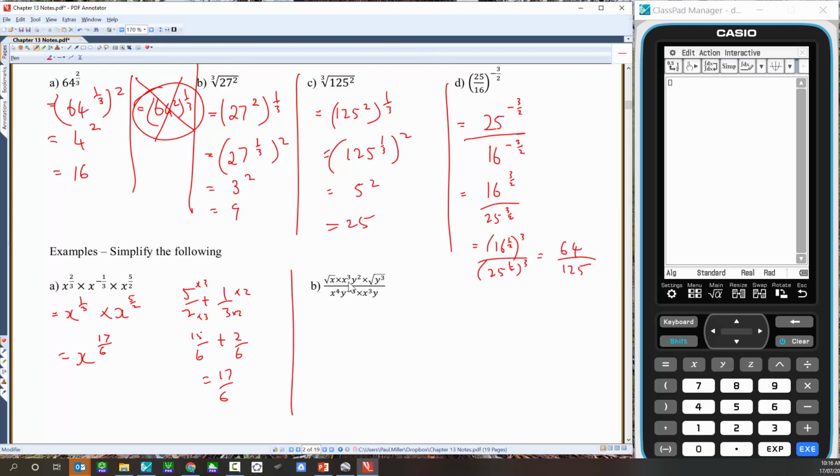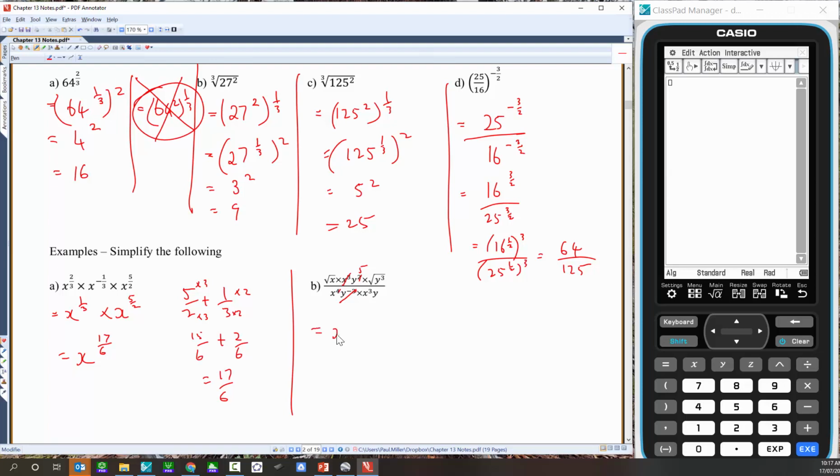Okay, this last one here. All right, so the first thing I'm going to do is cancel the x to the 3 with those. Get rid of that and write that as 5. Now let's rewrite what we've got.